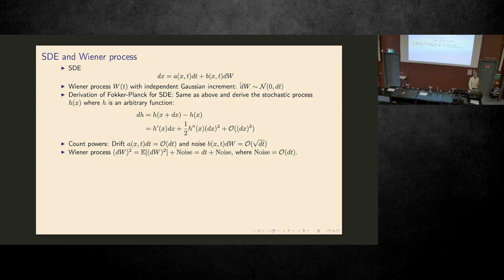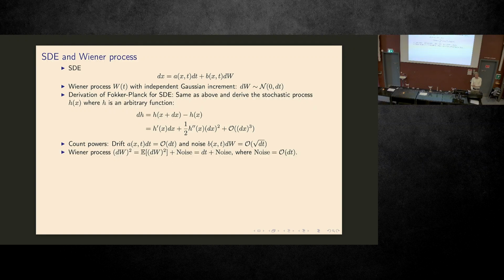If you take delta w squared, it will be of order delta t, because the fluctuations of dW are of order square root of dt. That is the standard deviation of this Wiener process. So if we have a delta w squared term, we should replace it by delta t, which is its expectation, plus some noise.